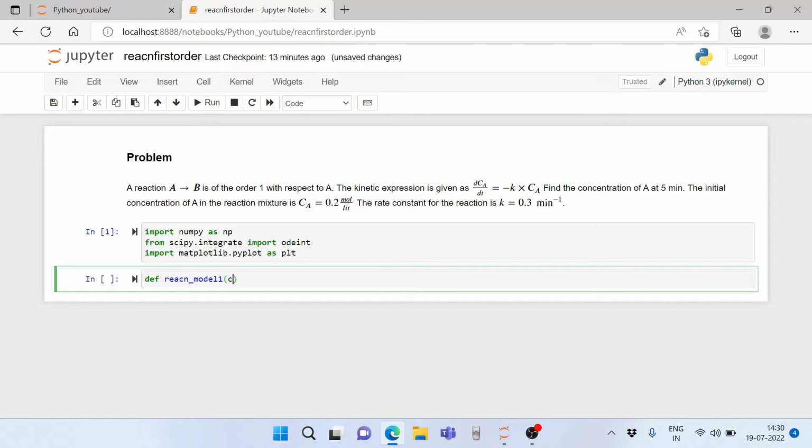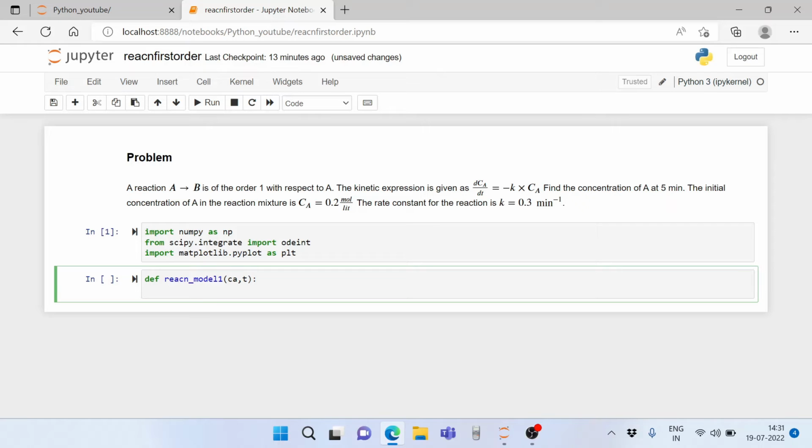Now the dependent variable is CA, that is the concentration of A, and the independent variable is time. It would be advisable, as shown in the card above, that you have a look at this video which the card indicates to understand how we solve differential equations using Python.